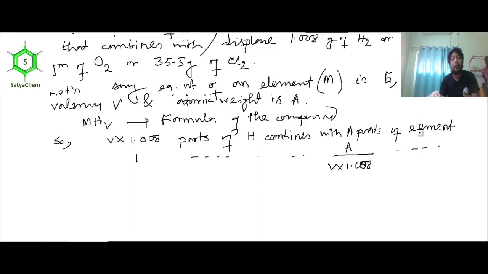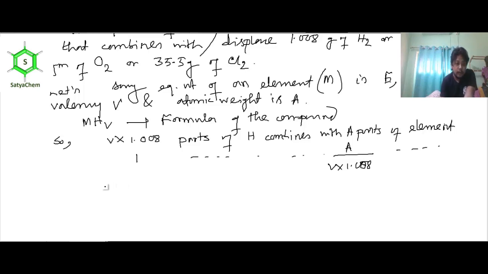So now, by definition, what is the definition of equivalent weight? In terms of the hydrogen scale, it is the mass of the element which can combine or displace 1.008 parts of hydrogen.